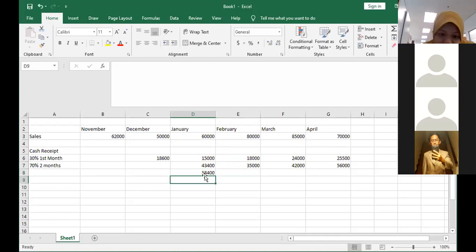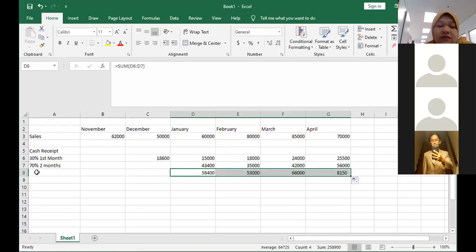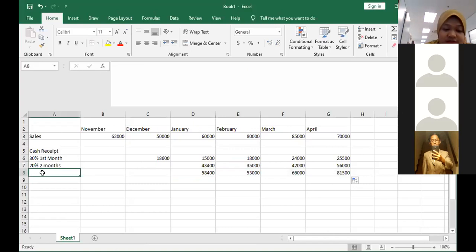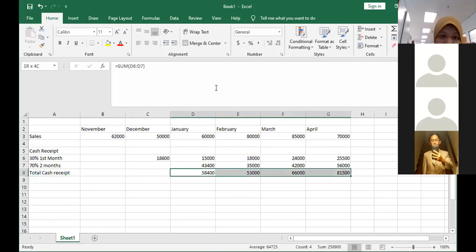Okay, so this is the total cash received for each of the month. So basically, this is the total cash. Okay, so this is the total cash received that you need to take.